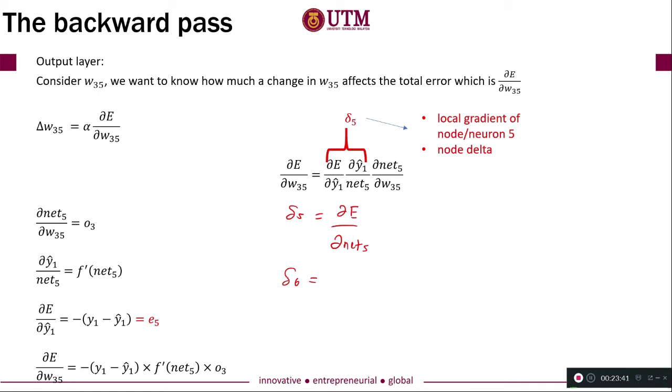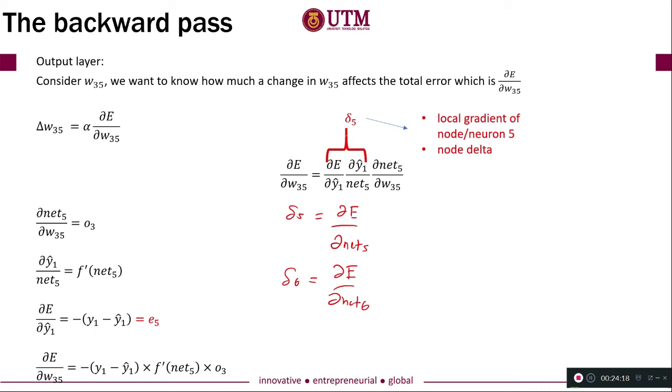If I generalize, for neuron 6, delta 6 represents the delta inside neuron 6, which is defined as del E over del net 6. You just need to remember this is additional notation in order for us to make this mechanism generalized later. That's why I need to use this term.